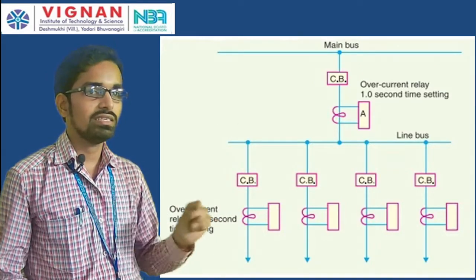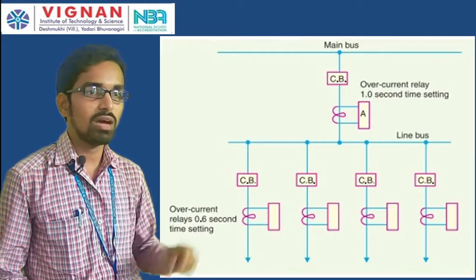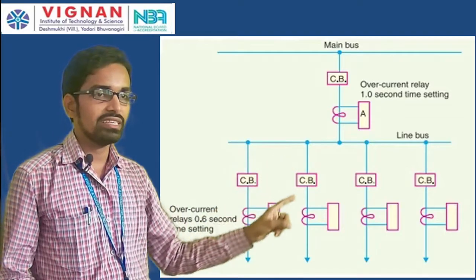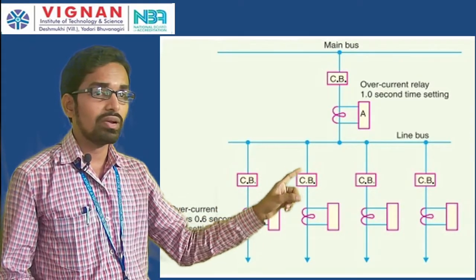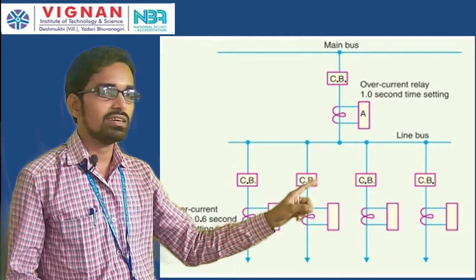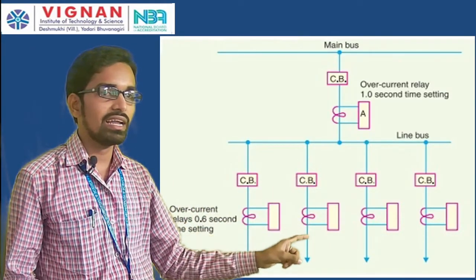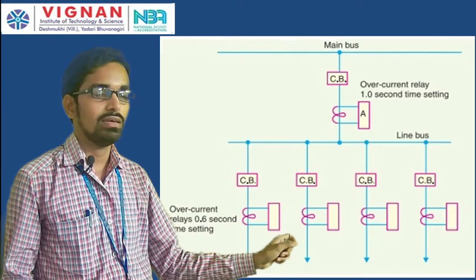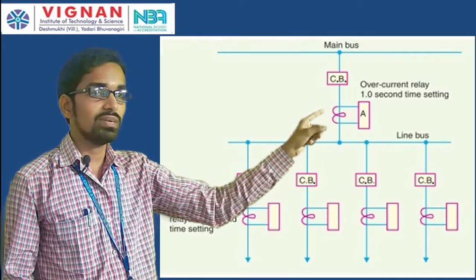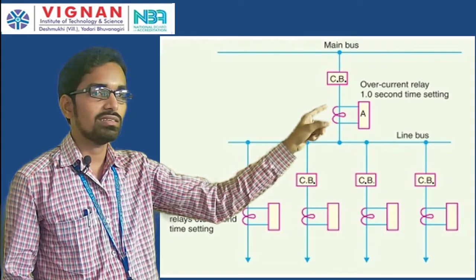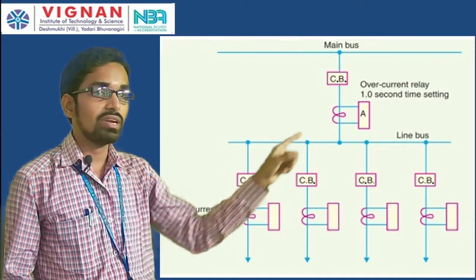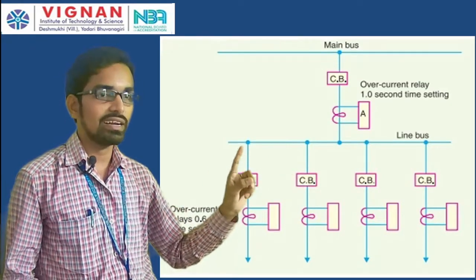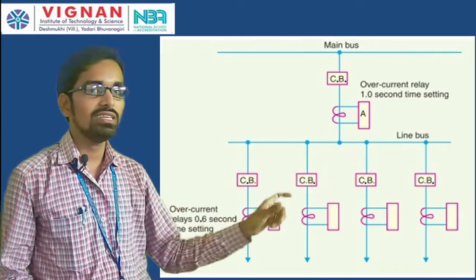Here there is a disadvantage. What is the disadvantage of operating the backup protection? If there is a fault in the second line and we operate the second line relay and circuit breaker, then only the loads connected to the second line are disconnected. But if you open the circuit breaker in the backup protection, it will separate all 4 lines, and the loads connected to these 4 lines are disconnected.